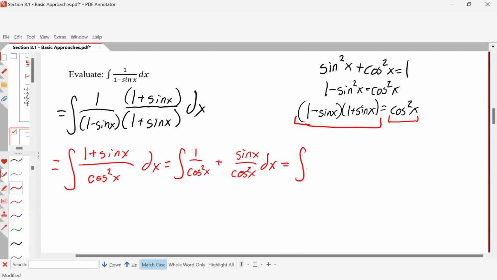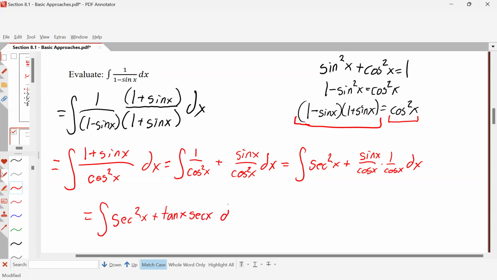This 1 over cosine squared x is the same as secant squared x, and we know the integral of secant squared x is tangent, and sine over cosine squared is the same as sine over cosine times 1 over cosine. And identifying that sine over cosine is tangent, and 1 over cosine is secant, we now have another thing.